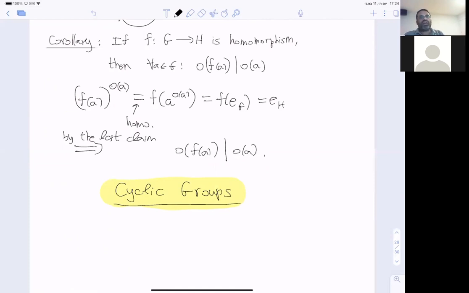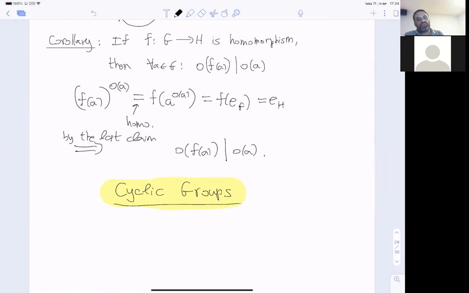Now we're going to see that it makes sense to say that you have, up to isomorphism, only one infinite cyclic group. For example, you can take Z, because the table is going to be very simple.